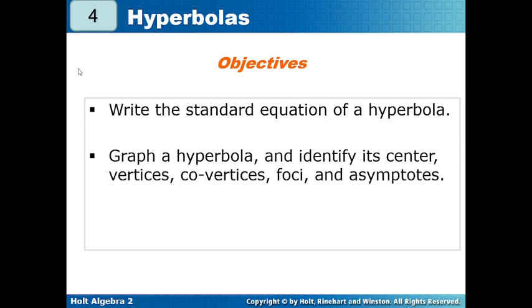In hyperbolas, there are similarities with the ellipse and parabolas. If we say parabola, those are the graphs forming a U shape, correct?